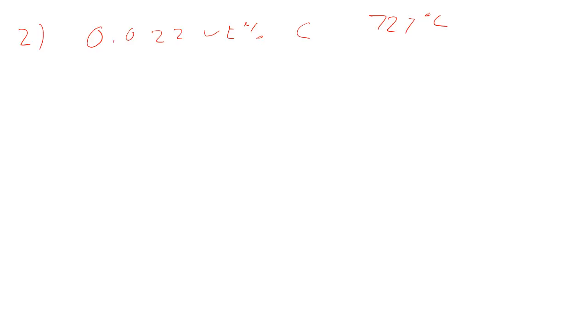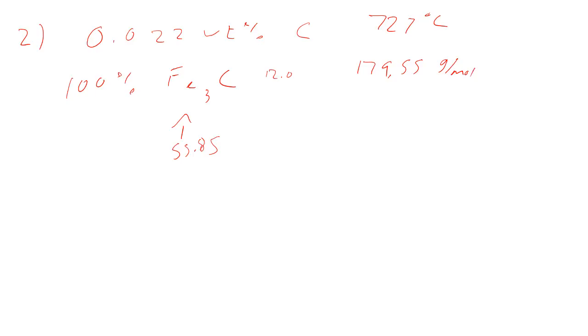So if we assume that we had 100% Fe3C, iron is 55.85, and 12.0 is the molecular weight of carbon. So that gives us a molar mass of Fe3C of 179.5 grams per mole.